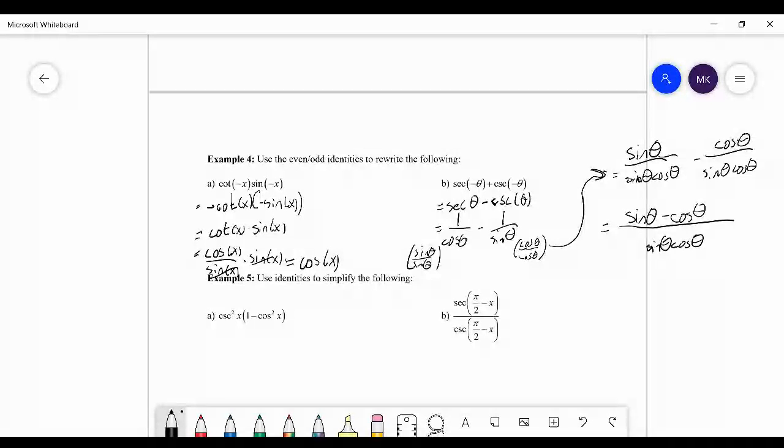Okay, and that's it. Now, you may be thinking to yourself, all right, how is that the simplified version? How do I know when I can't simplify any further? A lot of that is just experience doing these things. But anytime you get something all in terms of sines and cosines, it'll be fairly obvious when things are going to cancel or not.